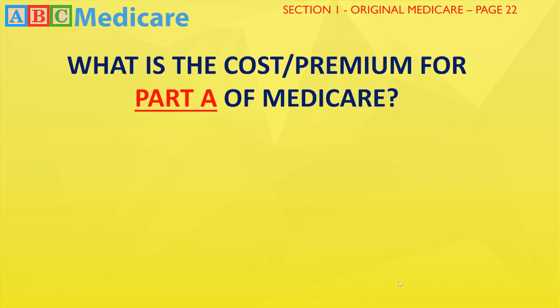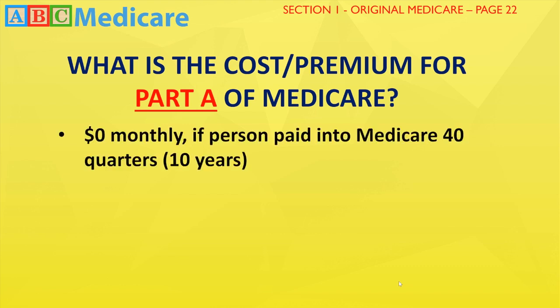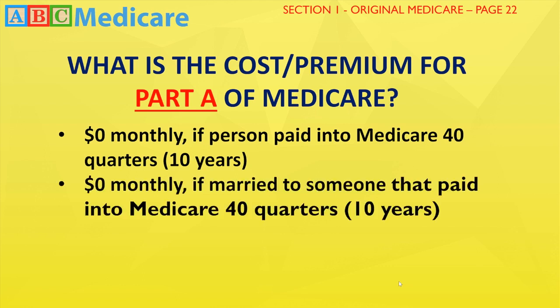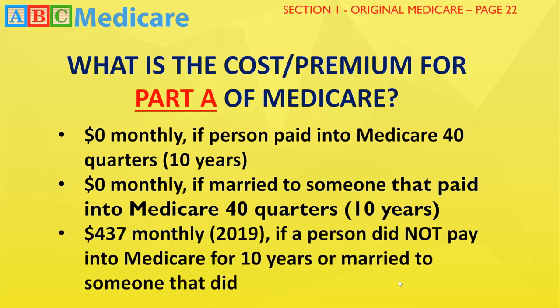What is the cost or premium for Part A of Medicare? Generally, it's zero if a person paid into Medicare for 40 quarters, which is 10 years, or married to someone who did. They're going to qualify for Part A, and the premium is going to be zero. For people that did not pay in to Medicare for 40 quarters, or married to someone who did, then they're going to pay a monthly premium, which goes up every year.